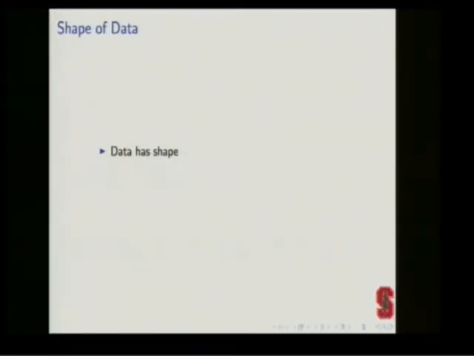Anyway, I want to argue that data has shape in many cases, most cases, and also that the shape matters. That the shape of the data is something that you want to understand if you want to understand your data, if you want to draw information and even knowledge out of what is just a bunch of bits in terms of the data. Okay, so what do we mean by this?